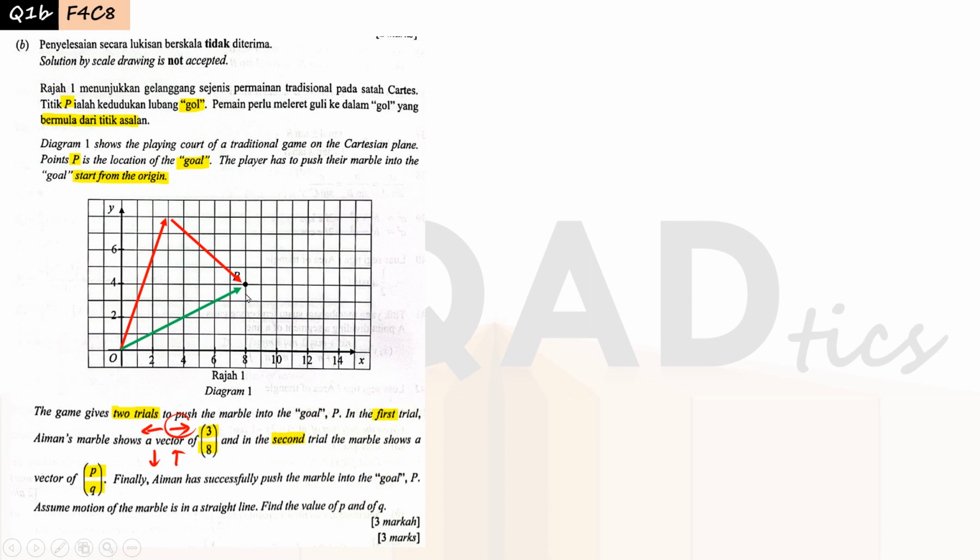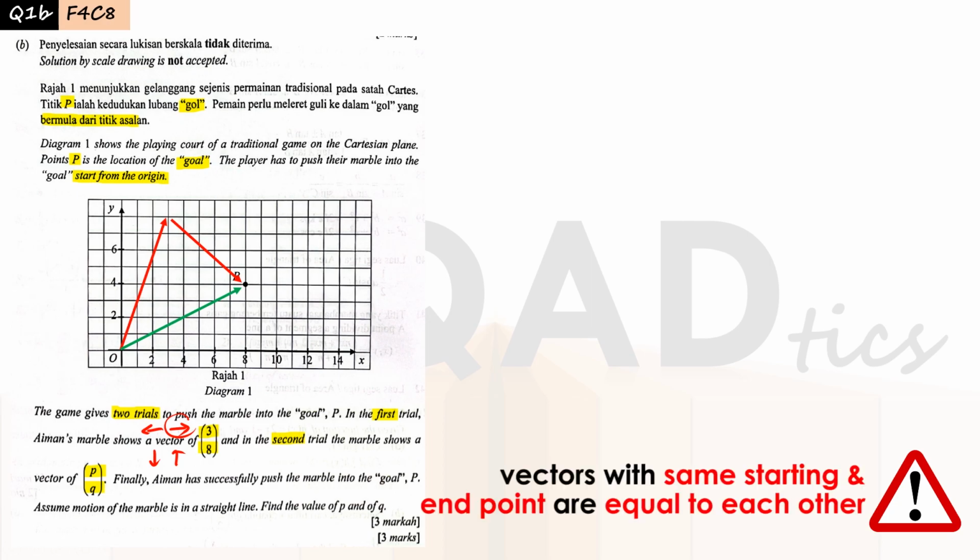If you combine the red vectors, the starting point is O and the ending point is P, which is actually the same as the correct vector that we need to push, from O to P. Since both have the same starting point and end point, we can form an equation where if I add this vector and this vector together, it will be equal to this green vector.